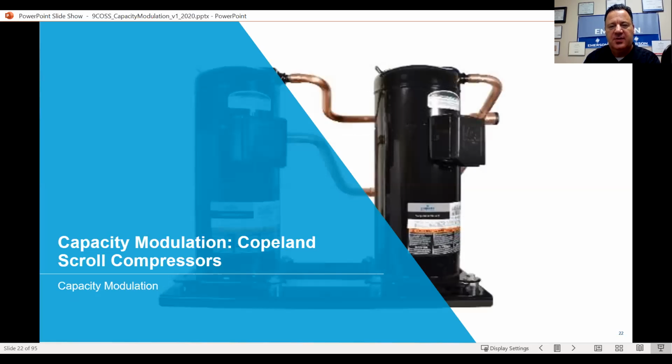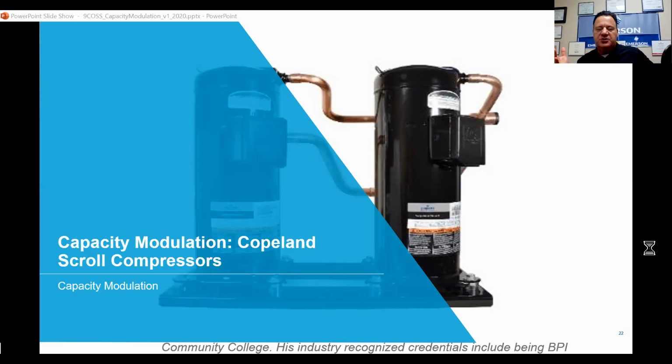So capacity modulation. We're going to talk about capacity modulation with scroll compressors. The first thing I want to do, though, I think it's important to understand how a scroll compressor works, actually. Just for lack of better terms, the anatomy of the scroll, okay? Most of you might already know this.